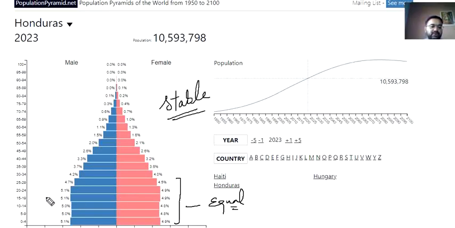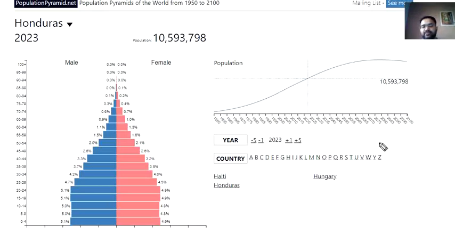So when the number of reproductive individuals and pre-reproductive individuals is almost the same, then the population is designated as a stable type of population pyramid.